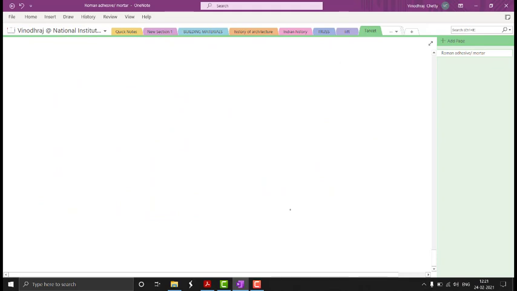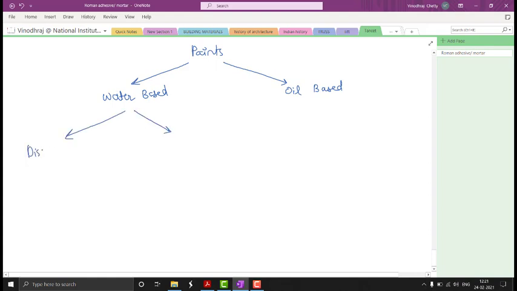And talking about the classification of paints, paints are basically classified into two types, that are water based and oil based. Oil based are mostly enamel paints, right? And water based are further classified into distemper and emulsion.